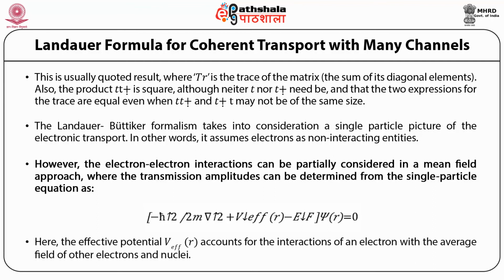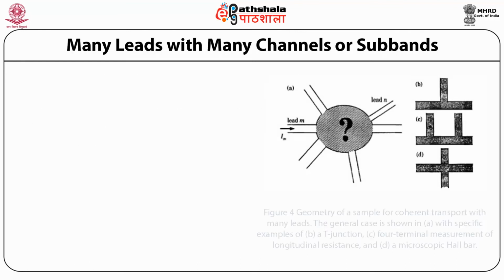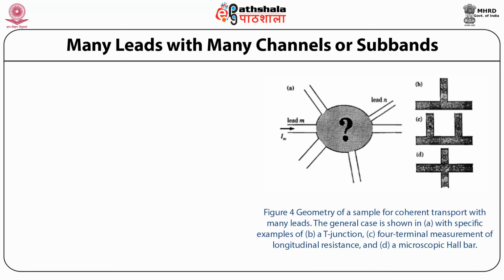Here the effective potential V effective accounts for the interactions of an electron with the average field of other electrons and nuclei.